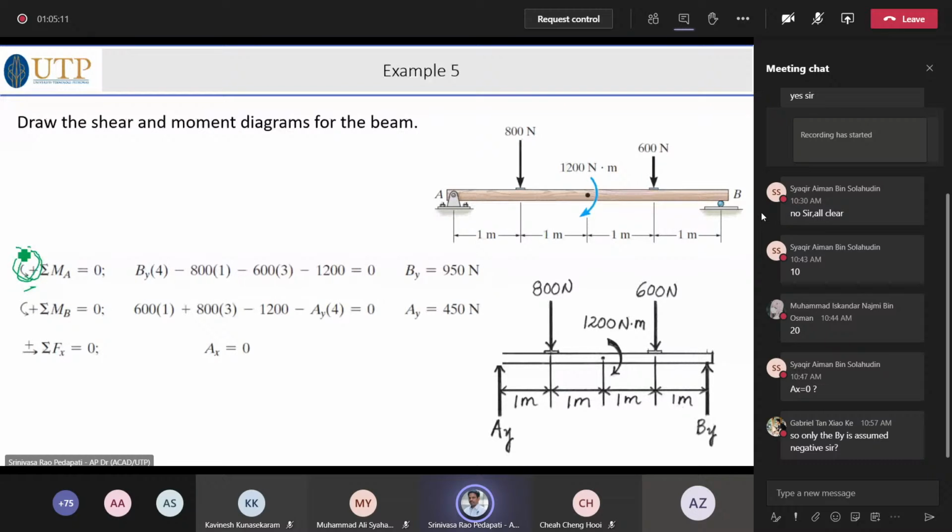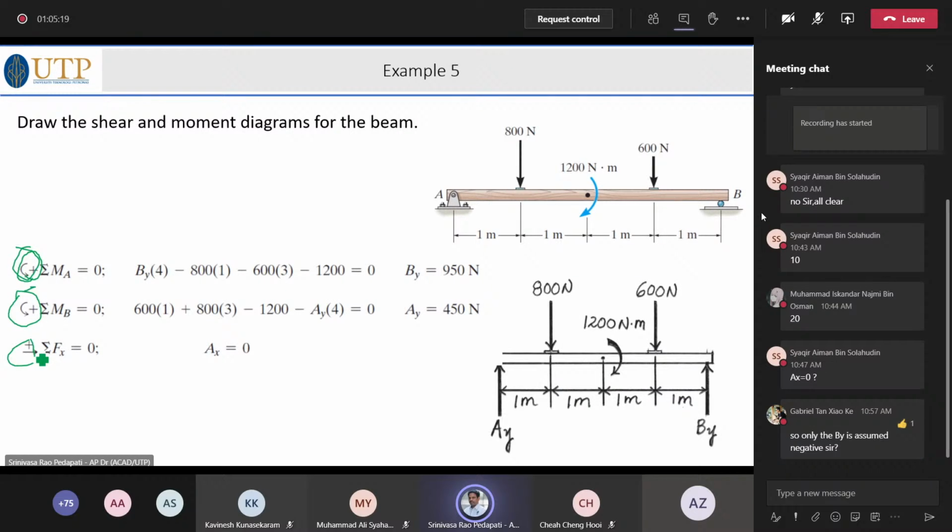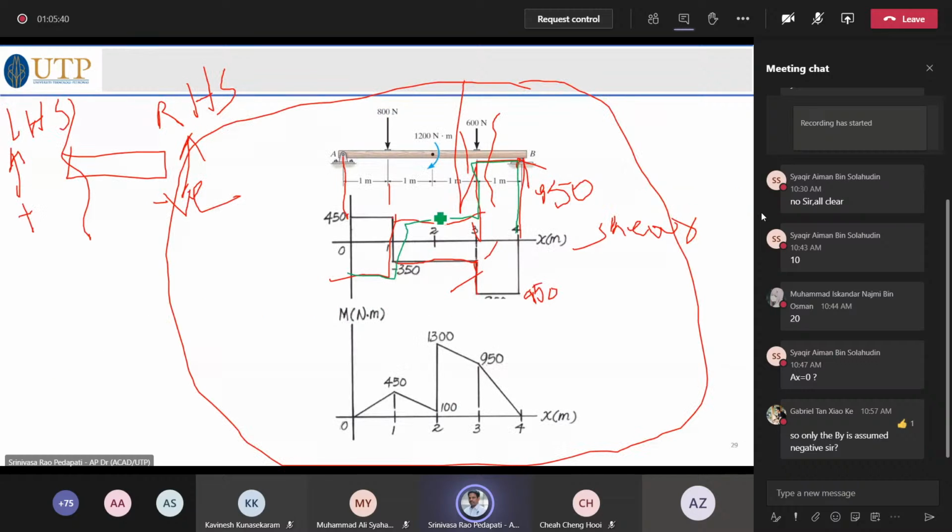It is mentioned because different people or different countries follow different conventions. If you see sigma Fx also, it means positive in this direction. This is to make sure that whoever is reading our book or slides understands. You are correct, there are some books which draw in this green manner, that means positive left side downward. Okay.